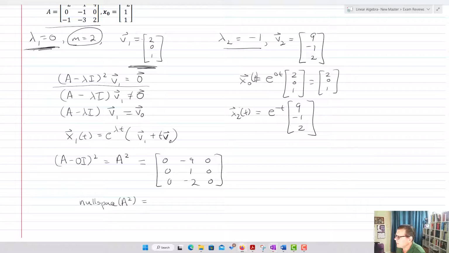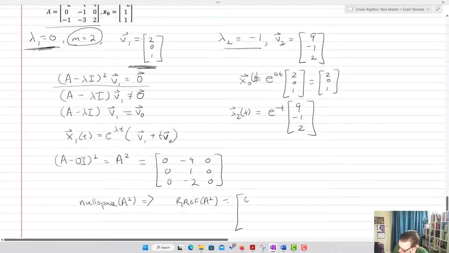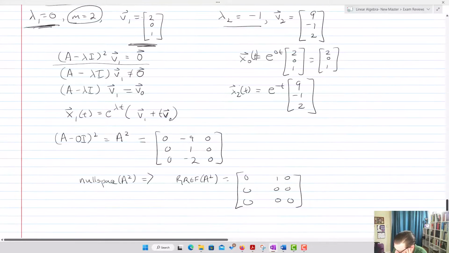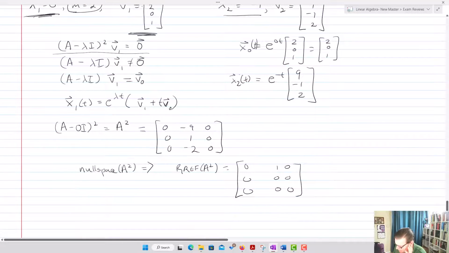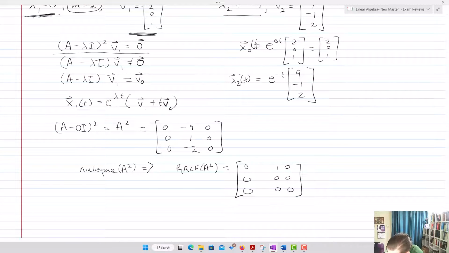So I'm going to first find my RREF of A squared, and that ends up equaling 0, 1, 0, 0, 0, 0, 0, 0, 0. Then I'm going to rewrite that so that I can figure out what my null space is. That means x1 is free, call that t. x2 is going to equal 0, and x3 is going to be a free variable as well.